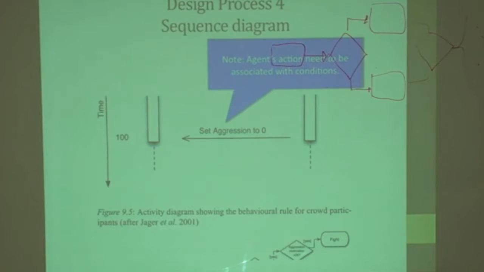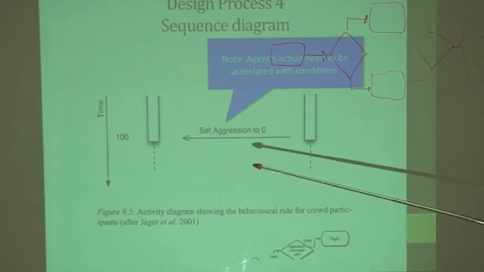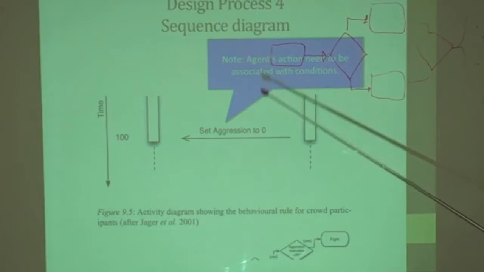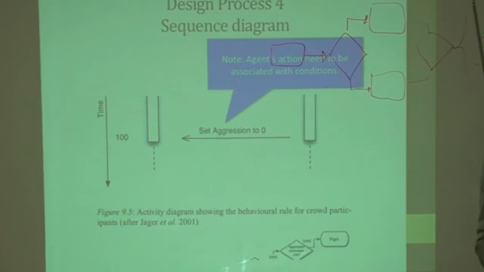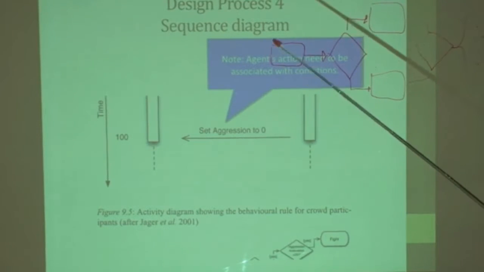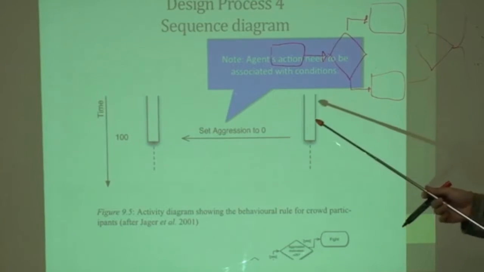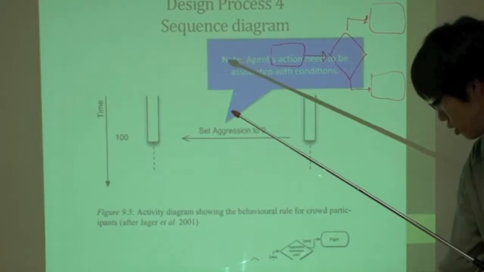So if one agent attacks another agent, the condition represents whether to act or not. Aggression is an attribute. Yes, this one is an attribute.